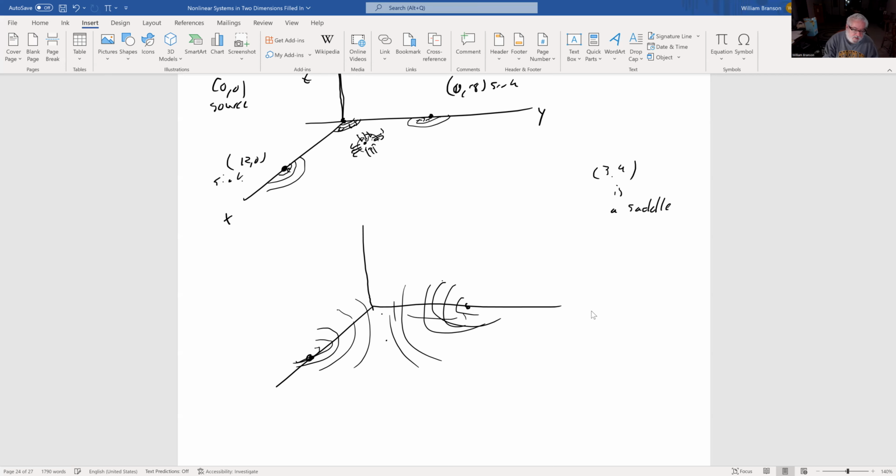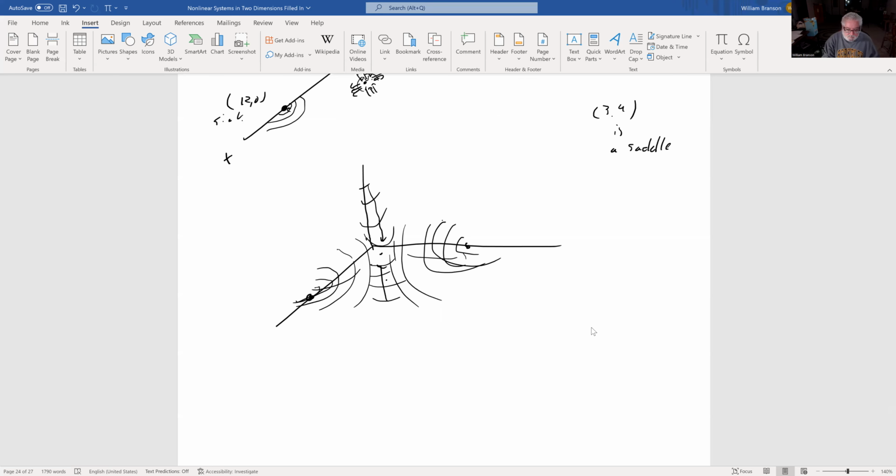And so you'd be going down that way, and here you'd be now coming down this way, and also coming down that way. So it's very hard to draw, but think of the source as 0, 0, coming down this way, and the source sort of at infinity, coming down this way. And you have a saddle here, and you can drop down to one equilibrium there and drop down to one equilibrium there.